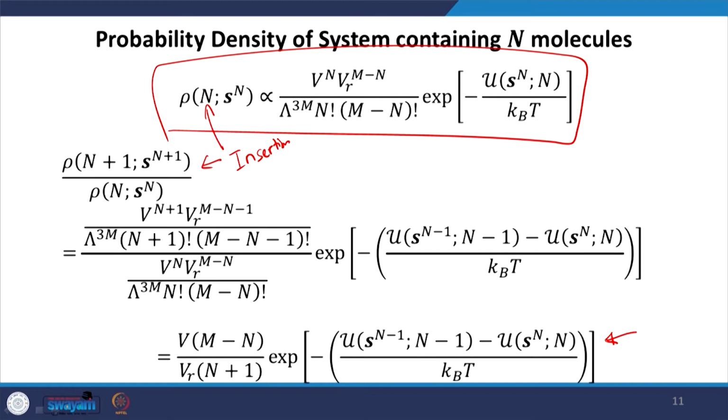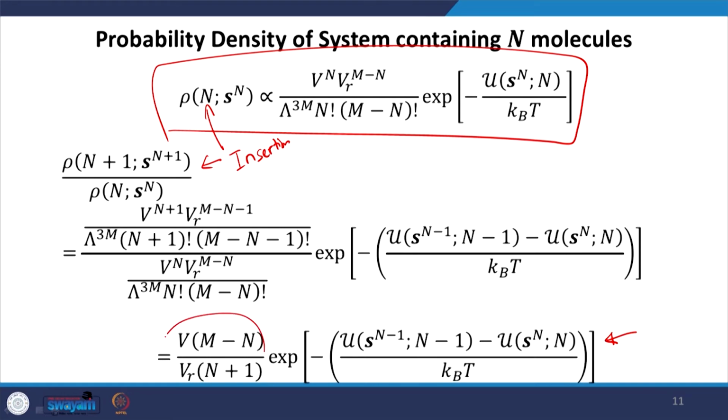Unlike in the NVT and NPT ensemble case, in this case the changes in the system configurations are discrete whenever we talk in terms of the number of molecules, they can only increase by units of 1. So, when I do that and I do the math, what I get is something like this.